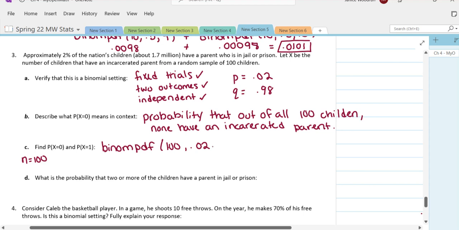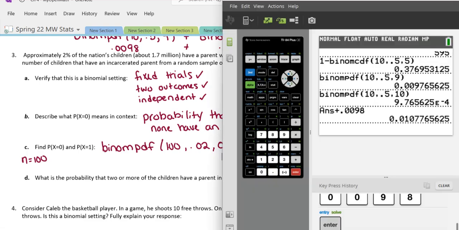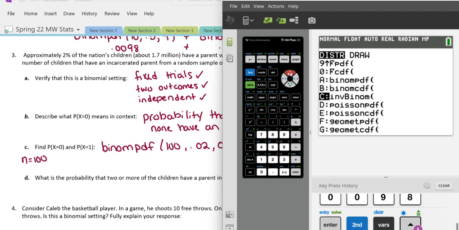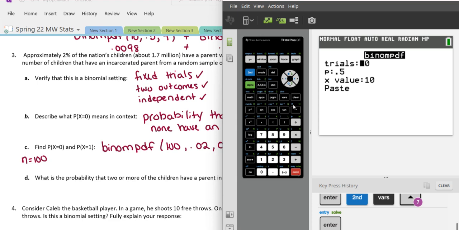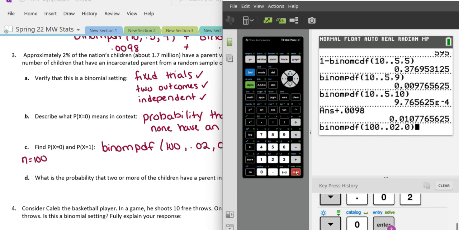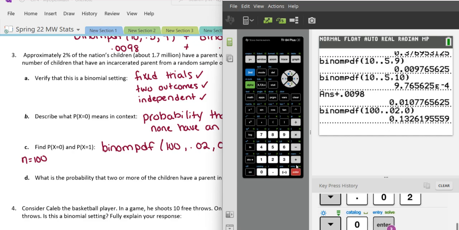Probability that the parent is in jail is 0.02. And then the probability of exactly 0 out of those 100 trials. We're getting ready to run out of time here. So 100, 0.02, and 0. That's going to be 0.133.